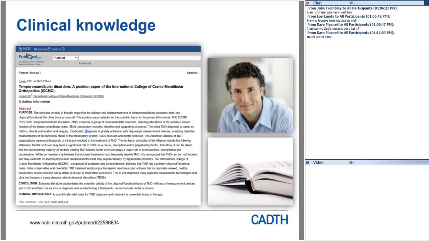When you actually do the critical appraisal and the validation, which CADTH has done and which the American Dental Association has done, we learn that, in fact, this particular treatment method as a whole is not founded in evidence. Next slide, please.